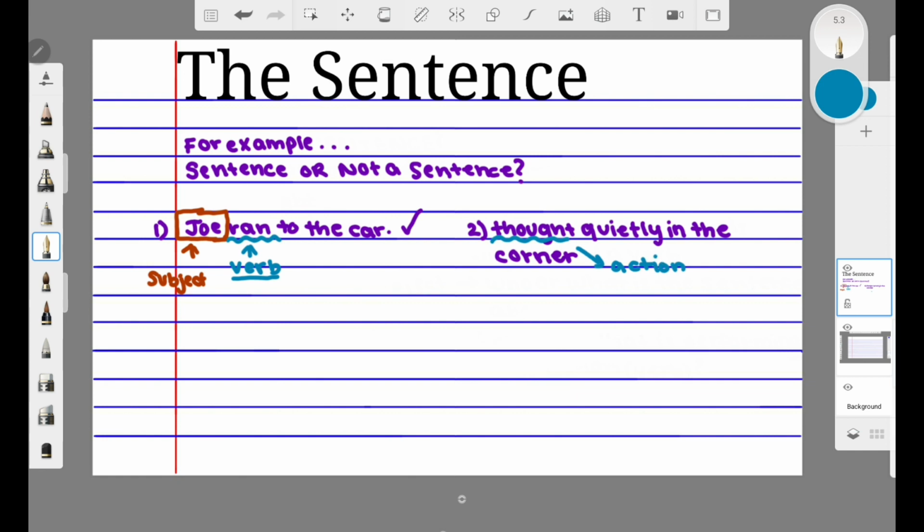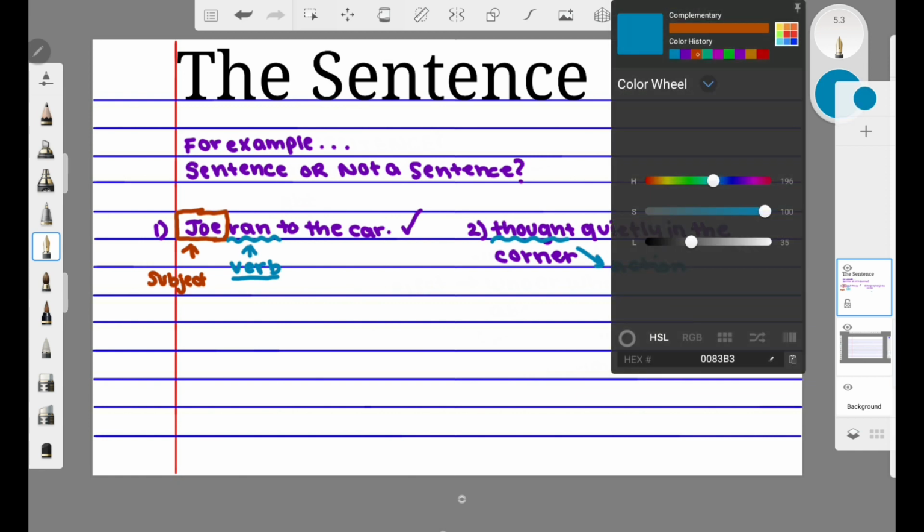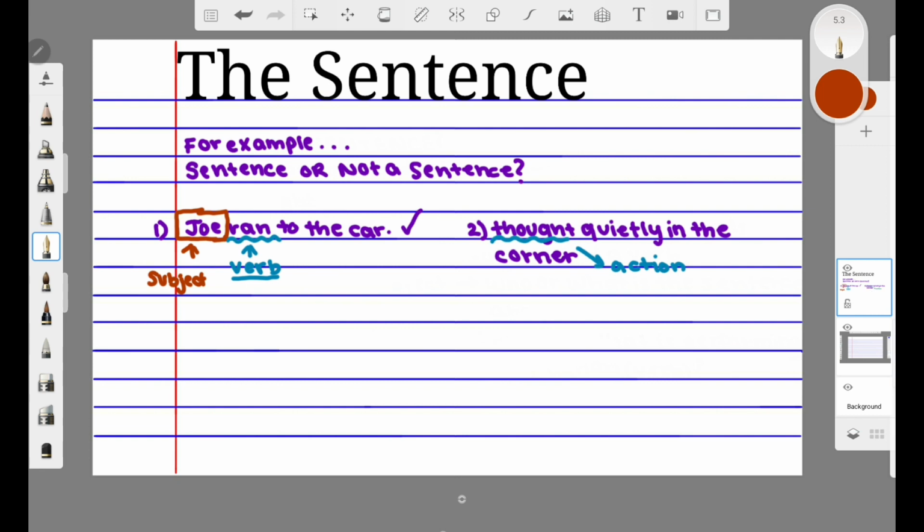Alright, now let's see, does this sentence have a subject? Who is thinking quietly in the corner? Or what is thinking quietly in the corner? We don't know. It is not given.